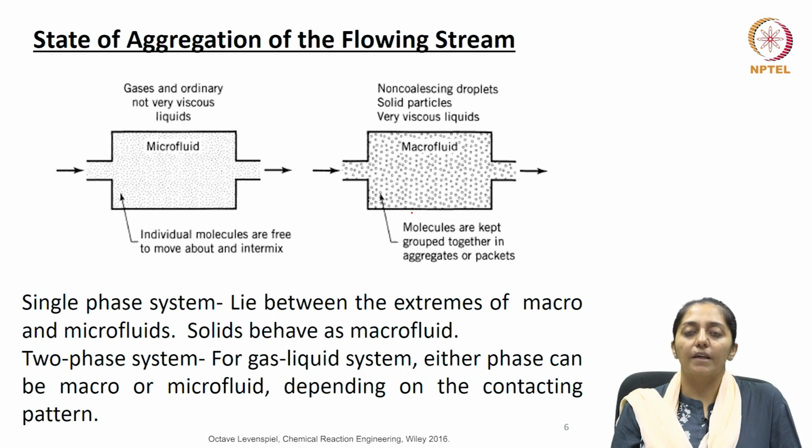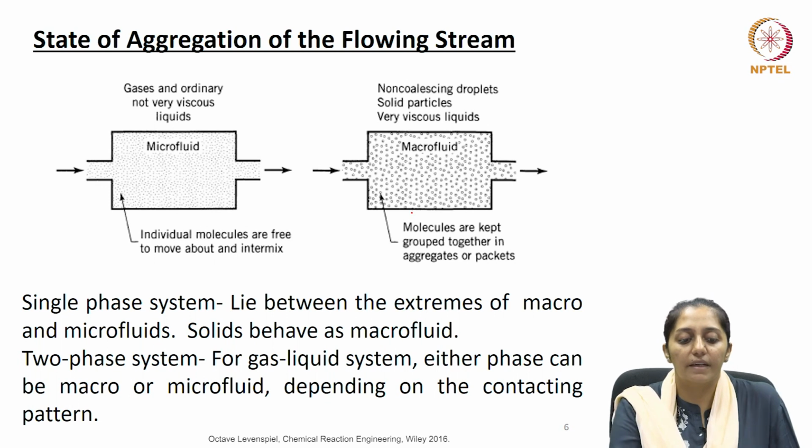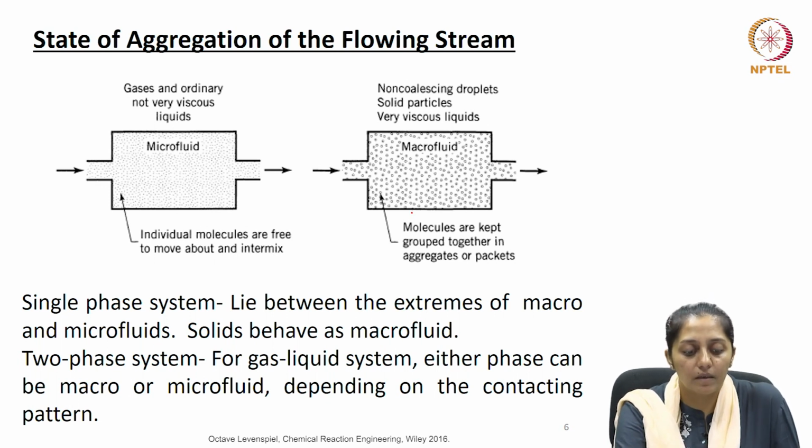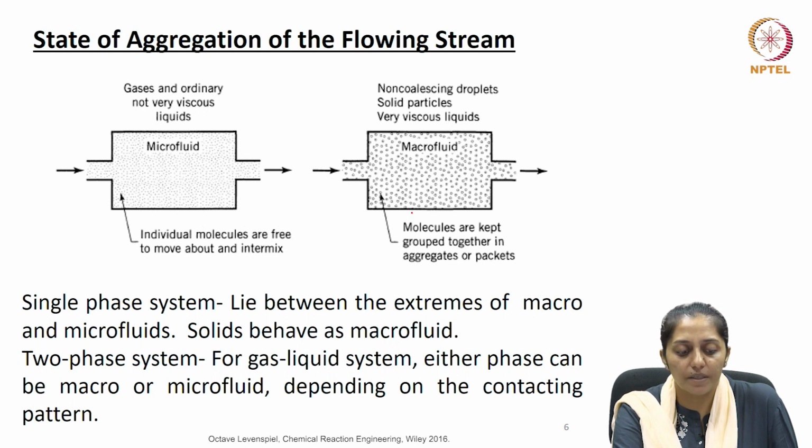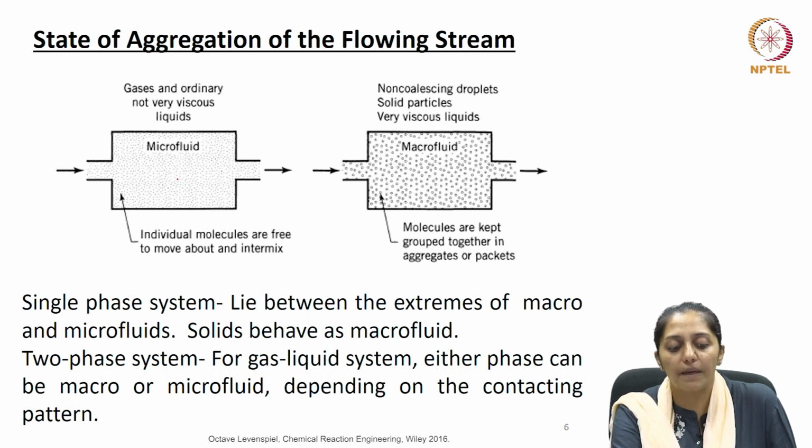So, state of aggregation of the flowing stream. If you see the picture on the slide, this is a mixing where they have shown gas mixing with not very viscous liquids. So, individual molecules are free to move about and intermix in case of microfluids.